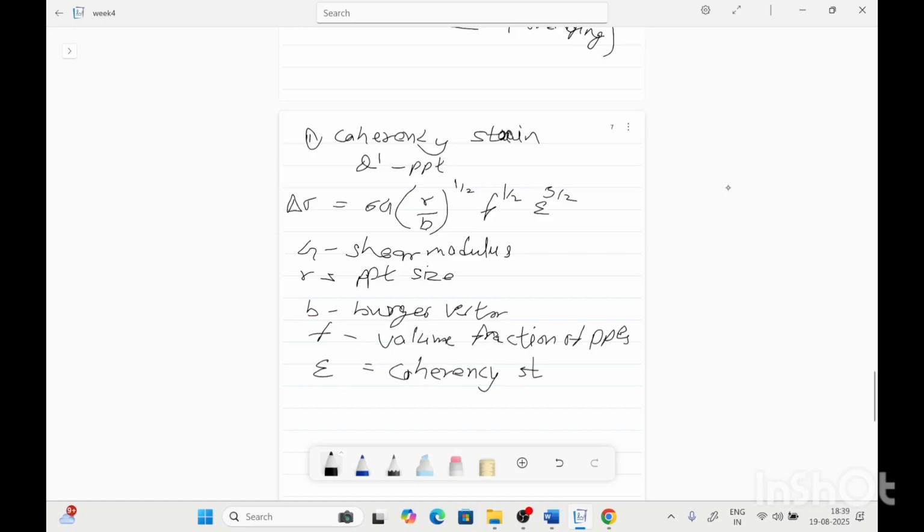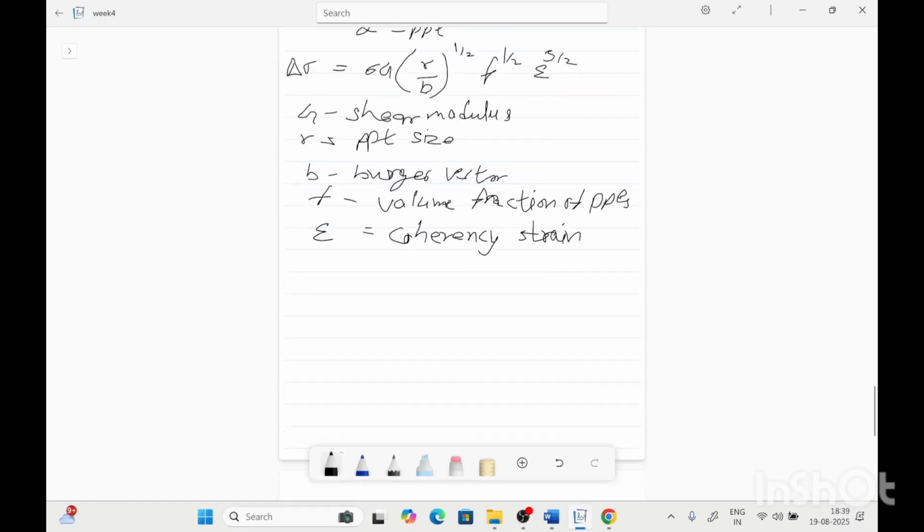The coherency strain is helpful in increasing the strength of the material.